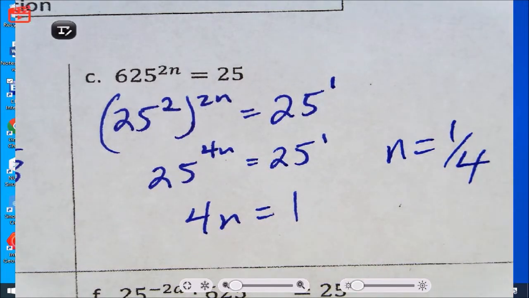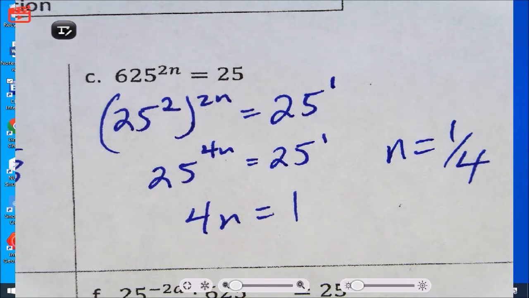So what's the situation where nothing is there is 0? When it's addition or subtraction. We need something being added or subtracted, and there's nothing there, then it's 0.